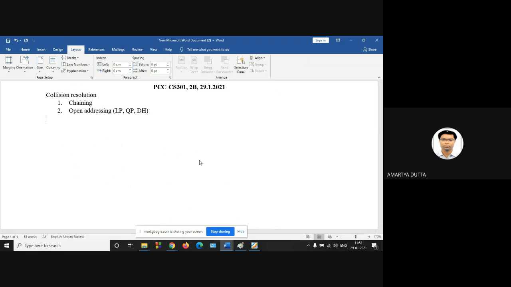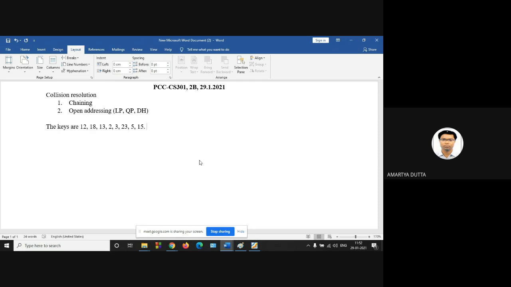Write down a problem. The keys are 12, 18, 13, 2, 3, 23, 5, 15. The keys are these.